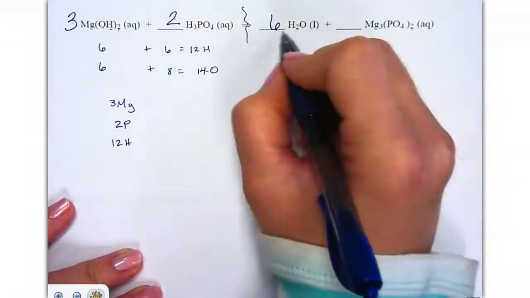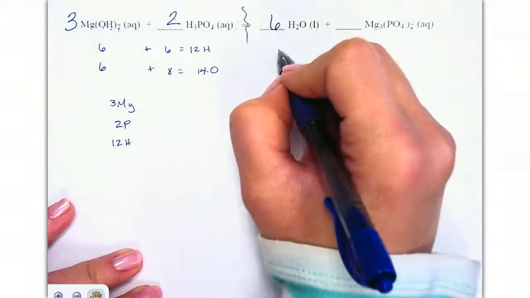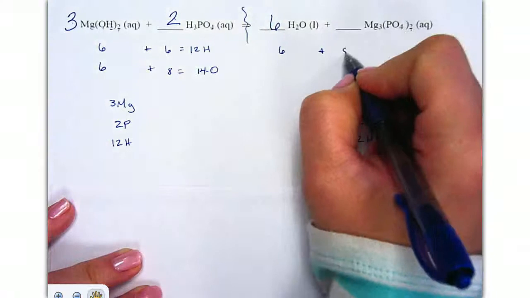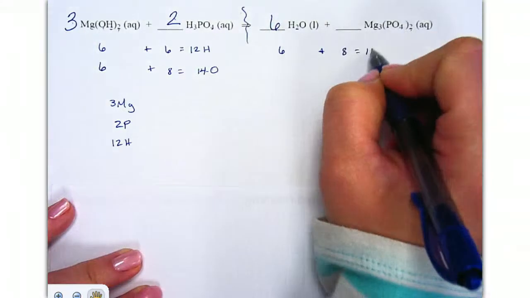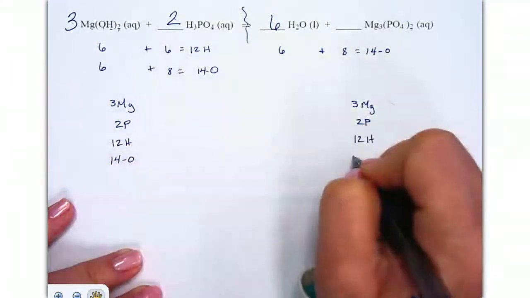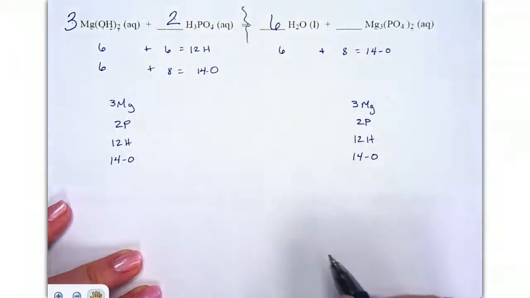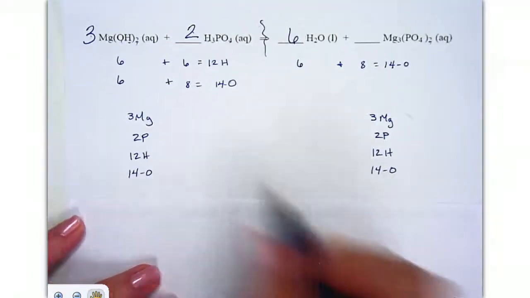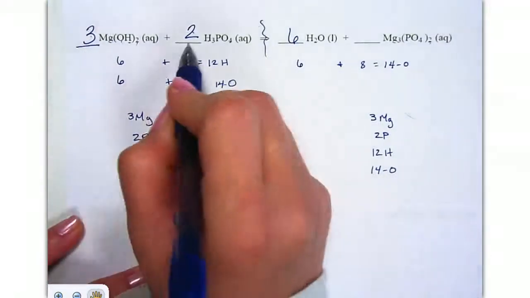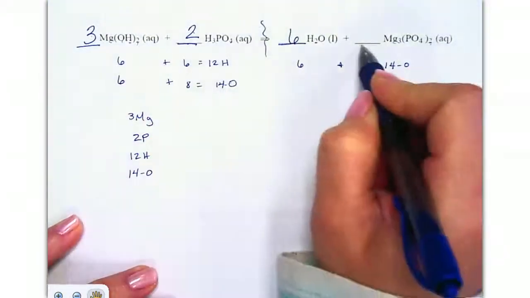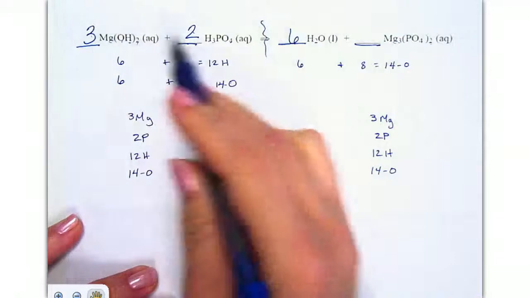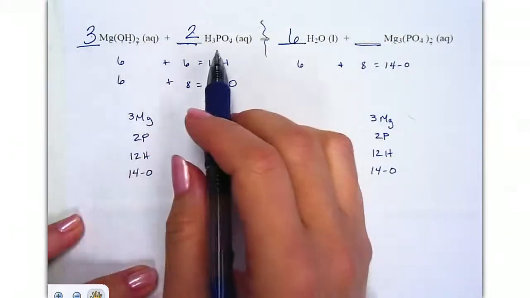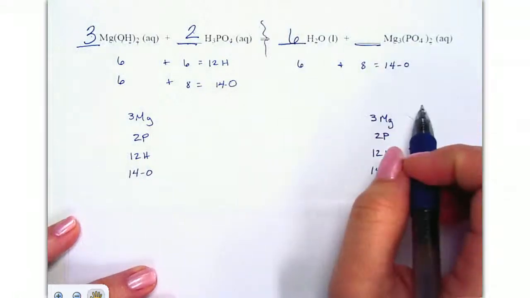On the right, I have 1 times 6, that gives me 6 oxygens, plus 2 times 4 is 8, conveniently equaling 14 oxygens, which means my oxygens are already balanced to begin with, so I don't have to change anything. My mole to mole ratio in this equation is 3 to 2 to 6 to 1. It's a 3, 2, 6, 1 ratio of magnesium hydroxide to phosphoric acid to water to magnesium phosphate.